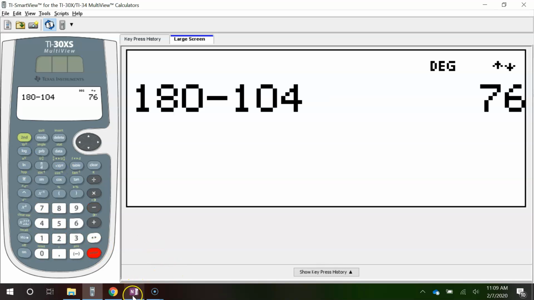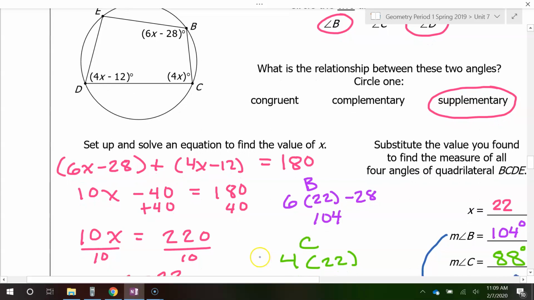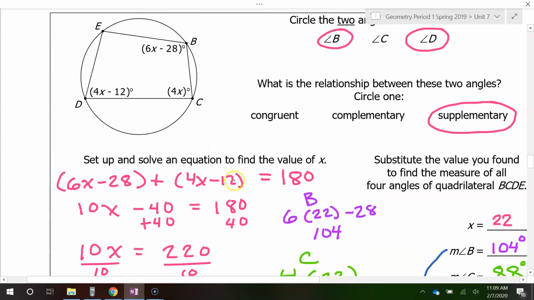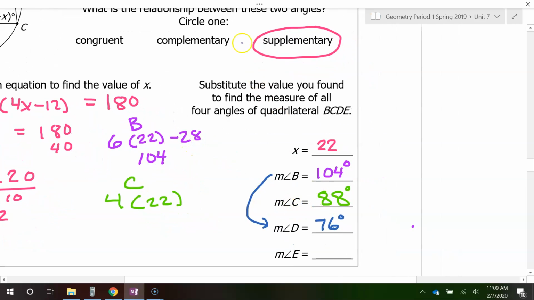Okay, now, angle E. Angle E and angle C are supplementary because they are opposite angles. We already decided that angle C is 88. Okay, so I'm going to put up 180 on this.